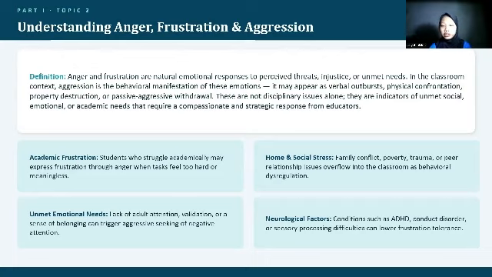Home and social stress: family conflict, poverty, trauma, or peer relationship issues overflow into the classroom as behavioral dysregulation. Neurological factors: conditions such as ADHD, conduct disorder, or sensory processing difficulties can lower frustration tolerance.